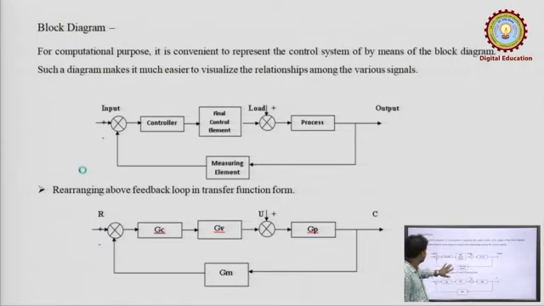The process starts from here. The load, meaning the inlet temperature, comes from here and goes to the process. From the process you connect it with the measuring element, which gives you the temperature from the process, and then it is connected to the controller.